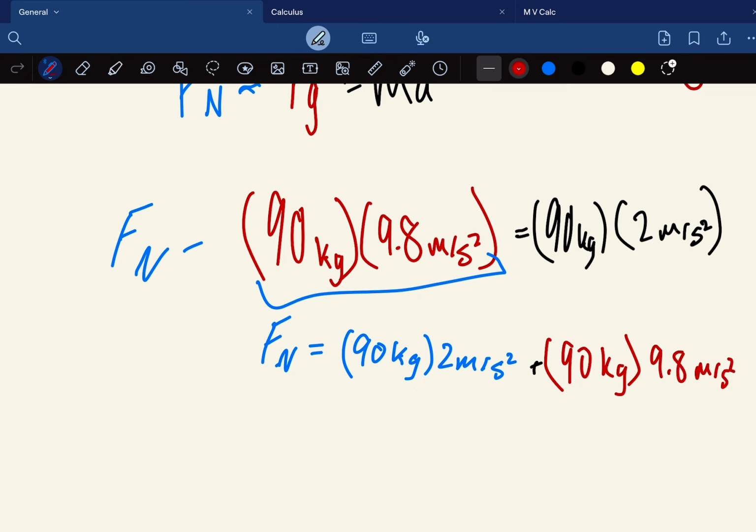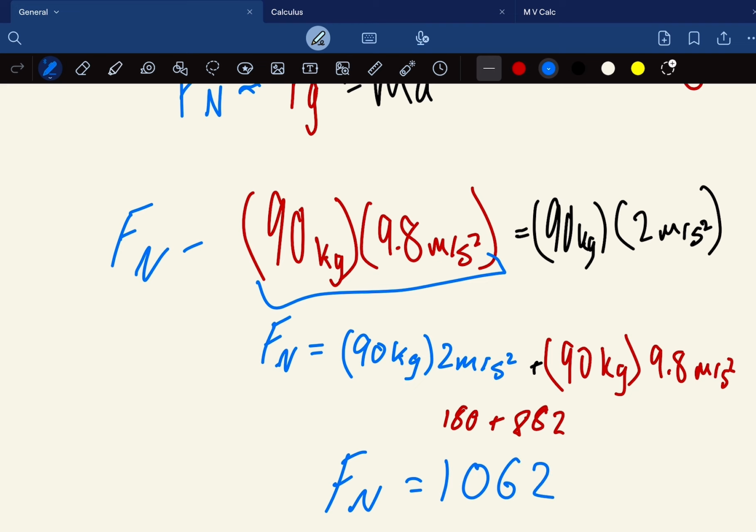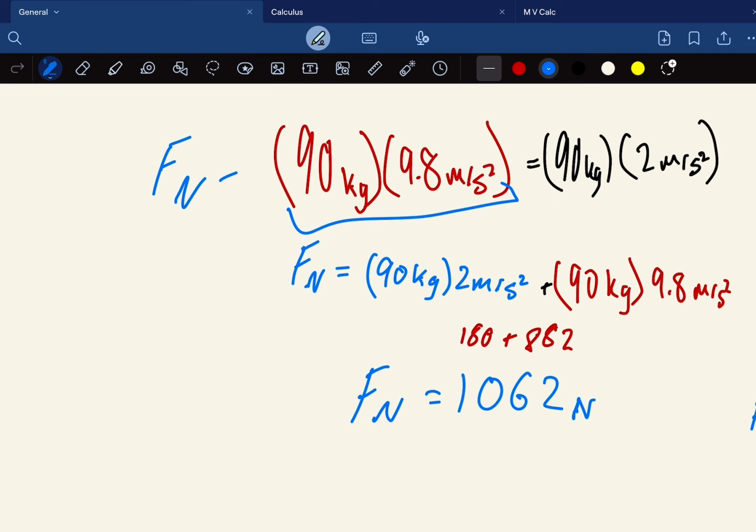Now, plugging this into our calculator, we get that our force exerted by the floor of the elevator is equal to 1,062 newtons. And that is our answer.